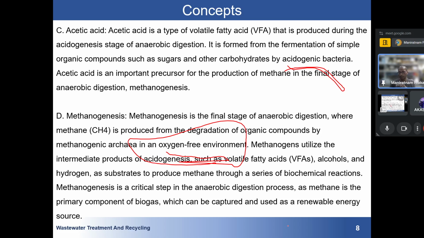We are making sure that at the end of treatment we get a useful byproduct from the treatment process. So here you can see that we are getting this methane.